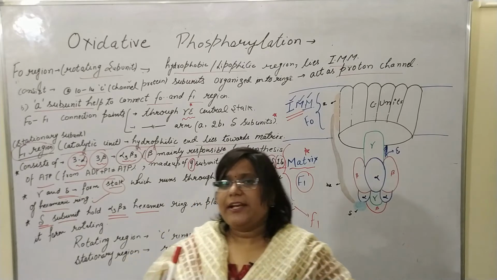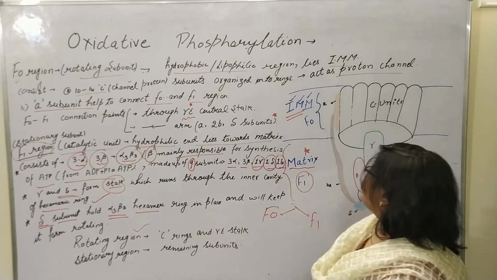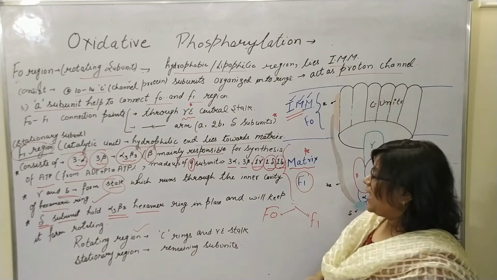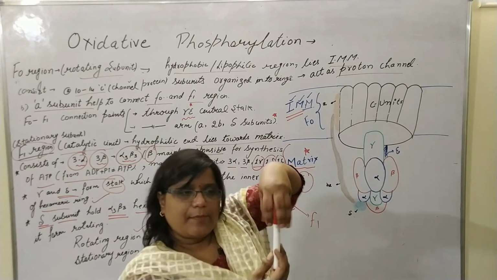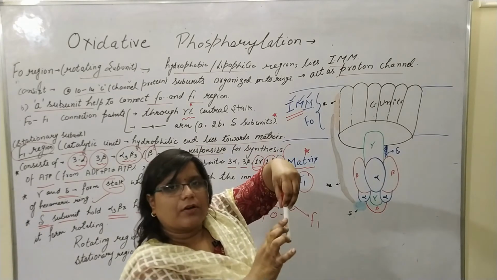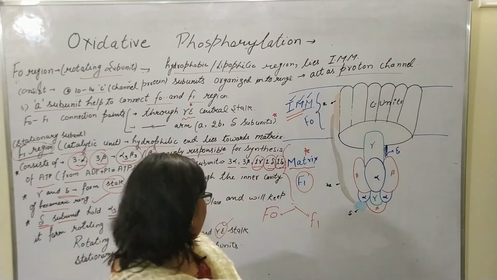But what does the rotating region consist of? The rotating region consists of these C channel proteins and the gamma and epsilon stalk. The stalk is composed of gamma and epsilon.